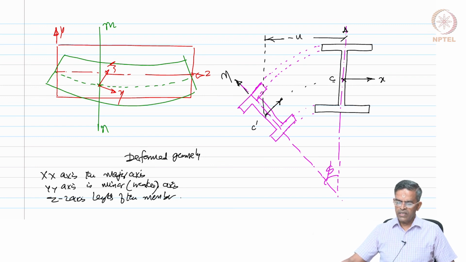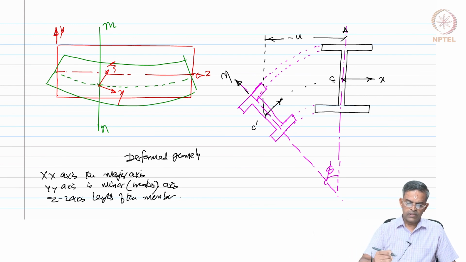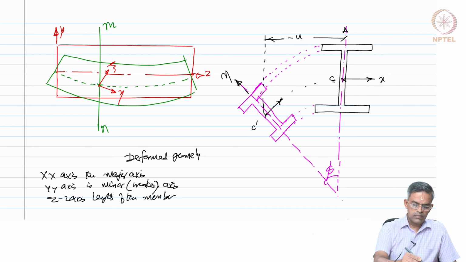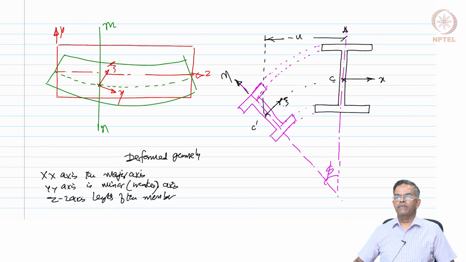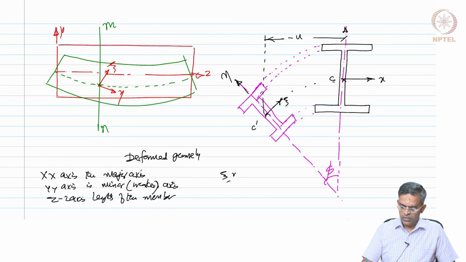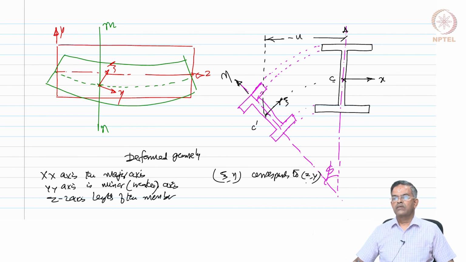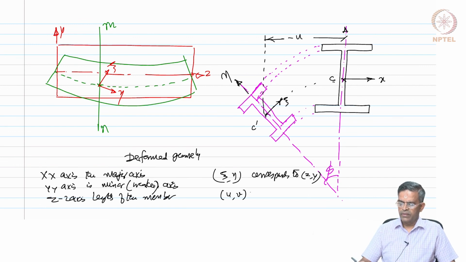Okay. Now, the cross section axes are now zeta and eta. Let me mark this zeta and eta, which correspond to z and y axis, and u and v are the corresponding coordinates.